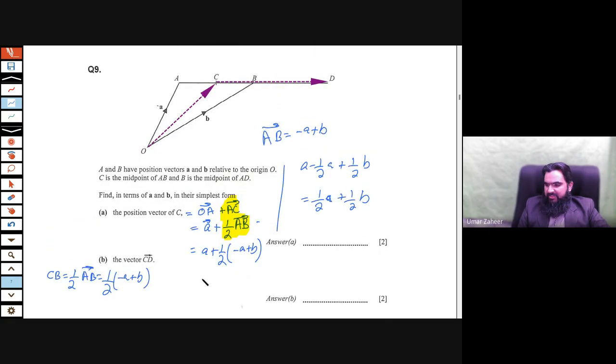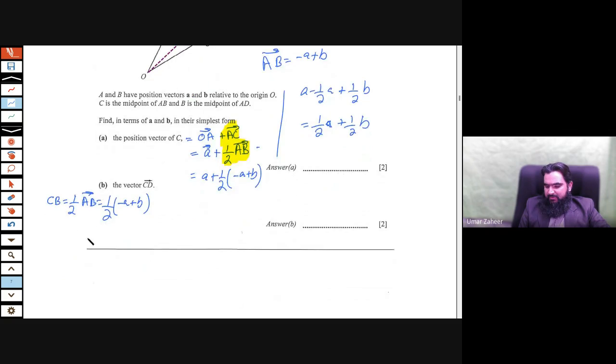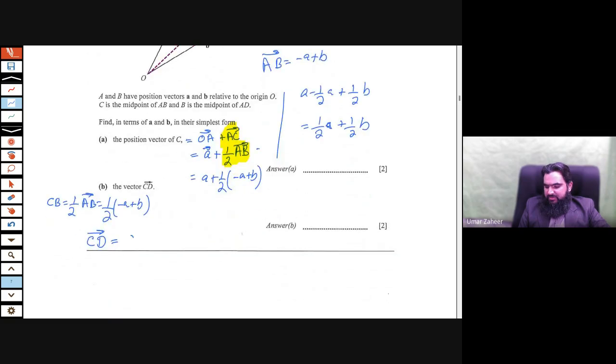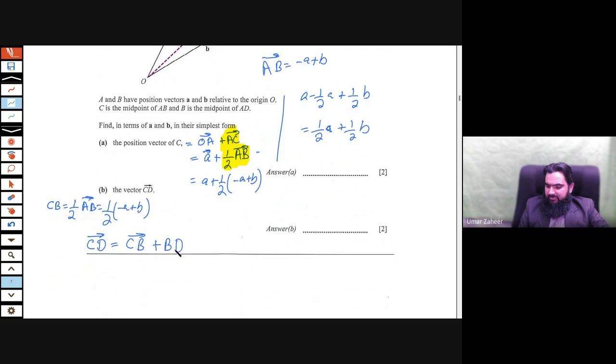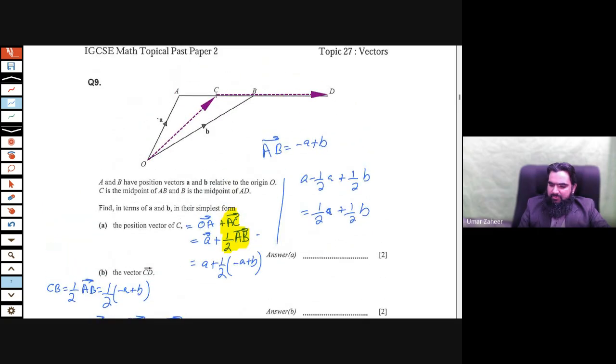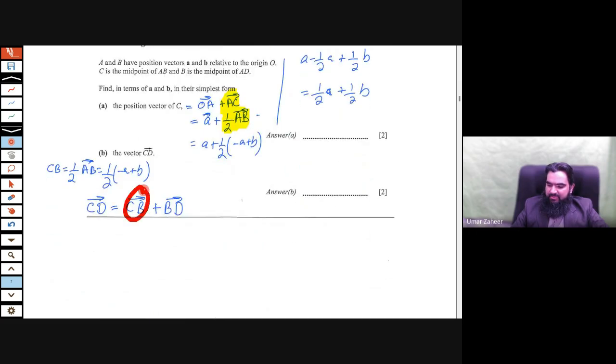So we will get the value of CB. So the CD vector is equal to C to B and B to D. You want to find CD. For that purpose, you need to move from C to B and then B to D. That's why I write CB and BD.